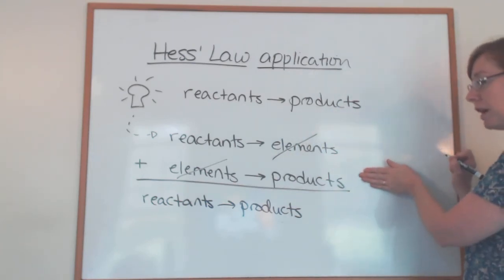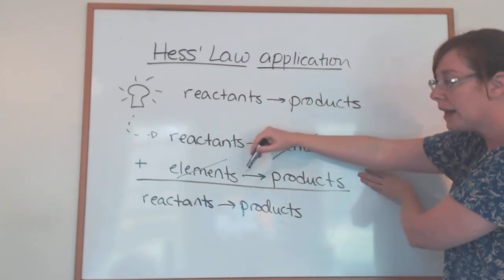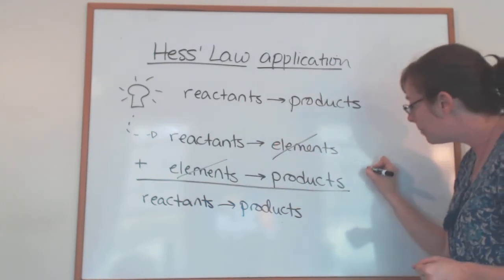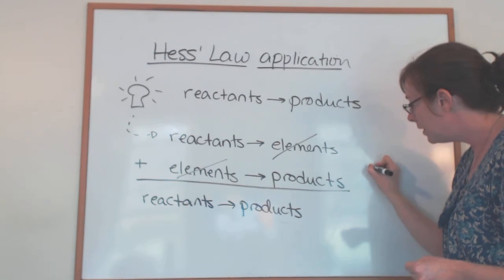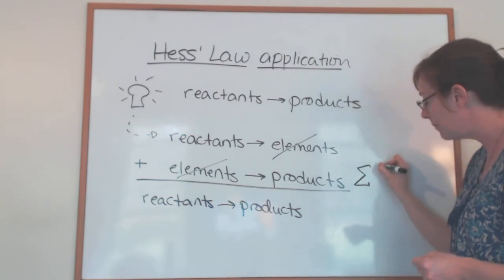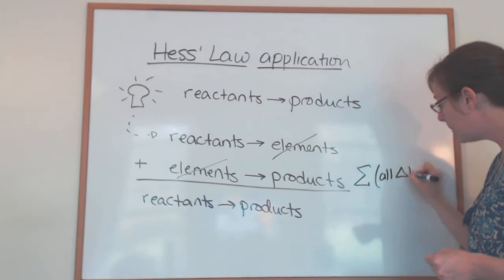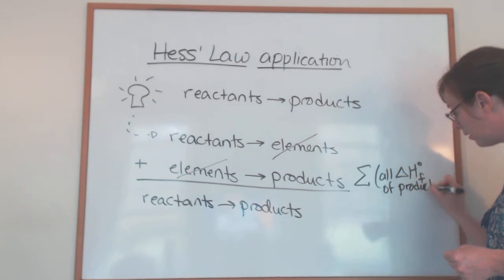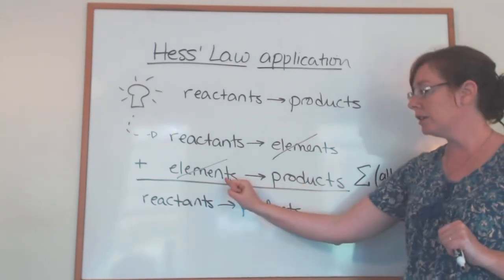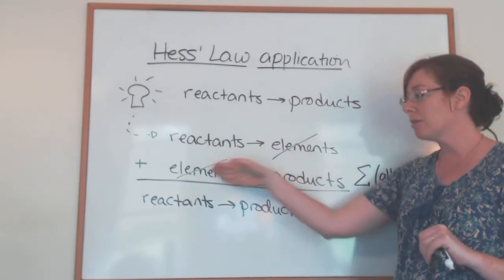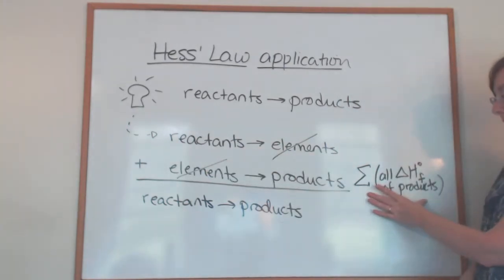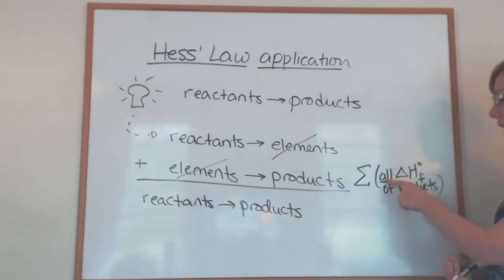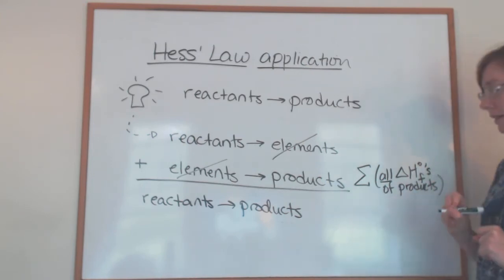If there are multiple products, adding them all up together, you could represent this enthalpy change as the sum of all the standard enthalpies of formation of the products. Make sure you notice that word all, that's going to come into play.